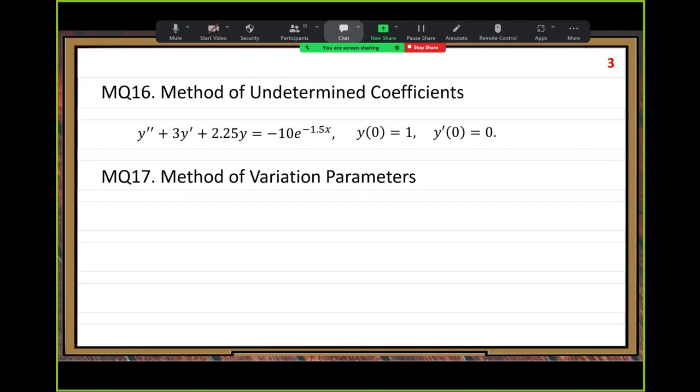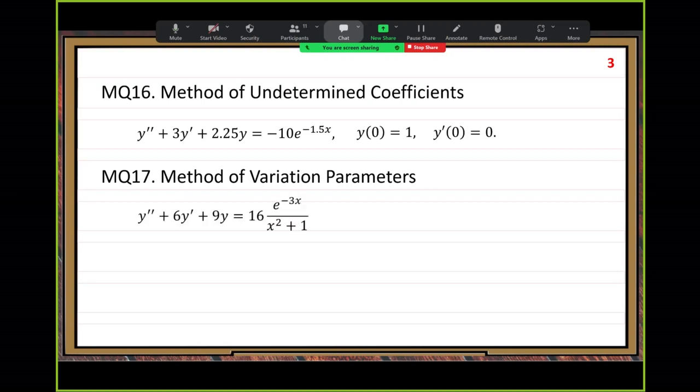So that's all right. Last one, question number 17, the last PDE solving question. Method of variation of parameters. Still non-homogeneous, but we use formulas.